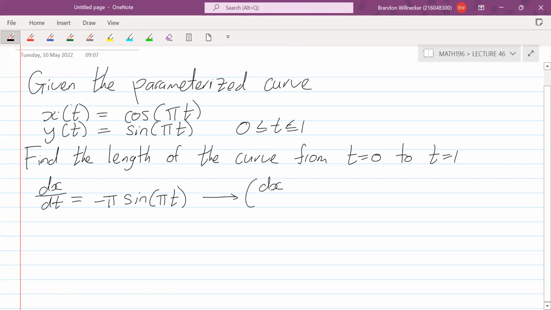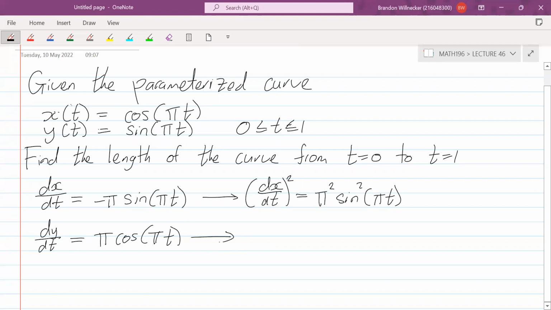So we get dx by dt squared is going to be pi squared sine squared pi t. Then we need to find the y derivative. So dy by dt is going to be pi times cos pi t. And then we need to square it. So dy by dt squared is going to be pi squared cos squared pi times t.